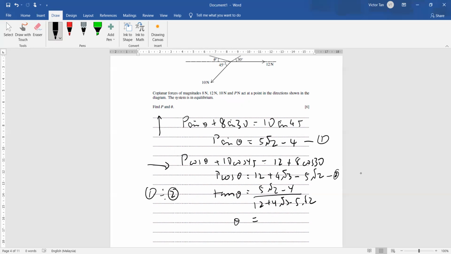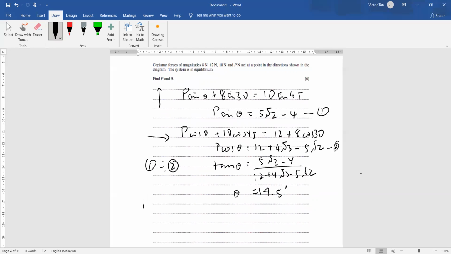Now I'm using the exact values so that the answer that I obtain will be the best possible solution. Answer is 14.5 degrees.